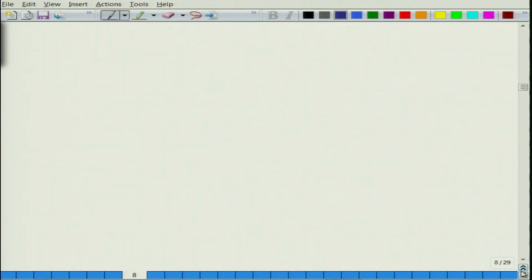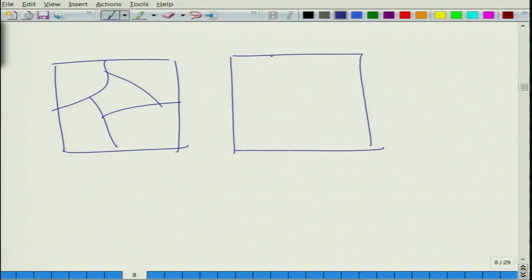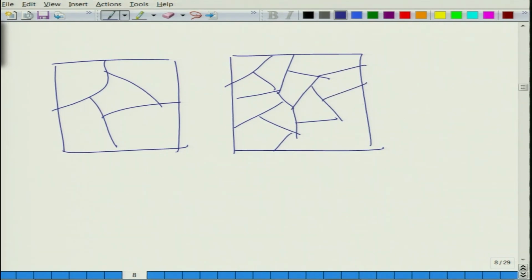So, essentially if you conceive now two materials, one with the grain size which is like this and another with the grain size which is like this. So, you can see the number of grains in this.